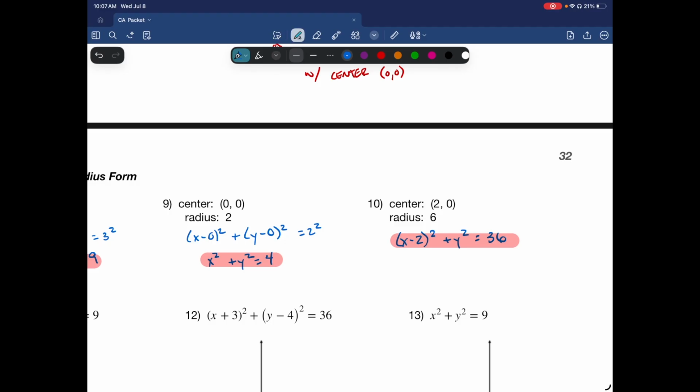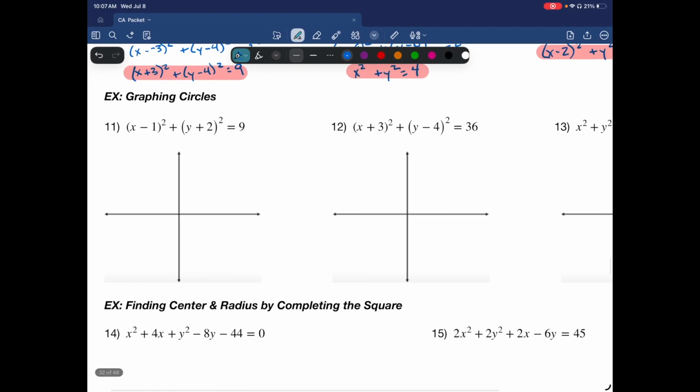Now, on 11, 12, and 13, we're going to graph the circle. Okay, so on 11, my center is 1, negative 2. So the center is 1, negative 2. And my radius is the square root of 9, which is 3. All right, so my center is going to be 1, negative 2. So I got 1, negative 2. So center's here.